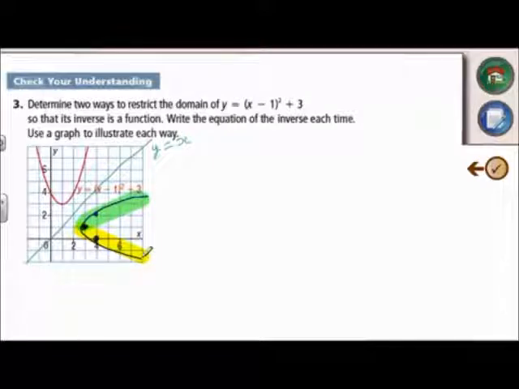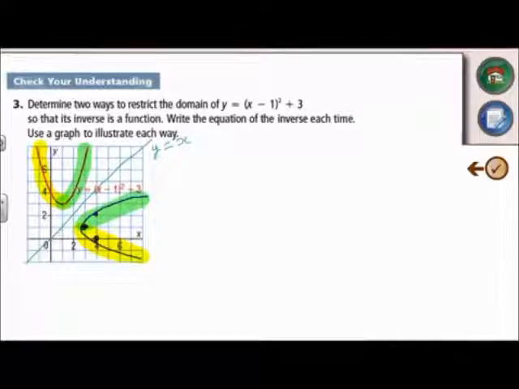Well, the only way we can get to just half of the graph is if we start with only half of the graph. So if I only start with this first green side, and I reflect only that, I'm going to get the green side here, the top portion. But if I reflect the left side, I'm going to get the bottom side.